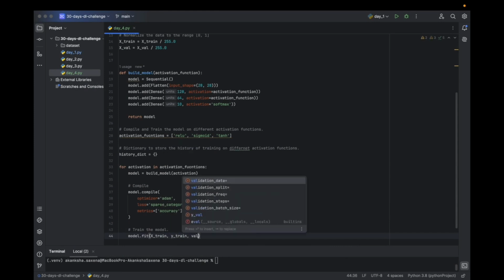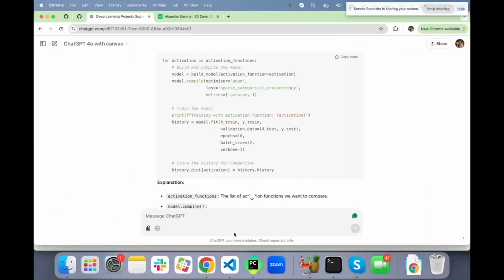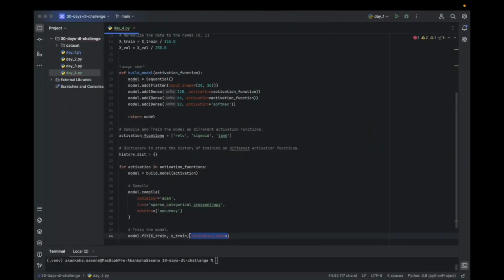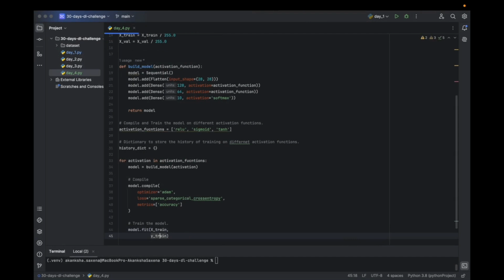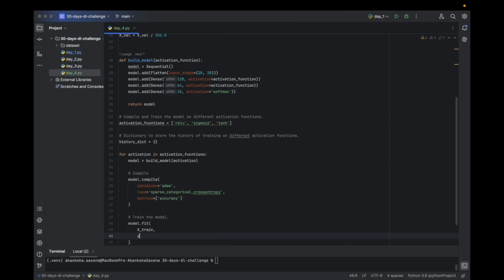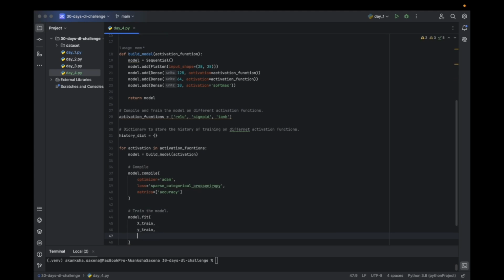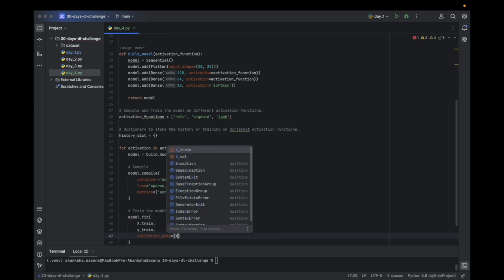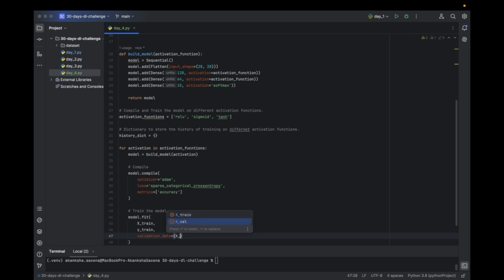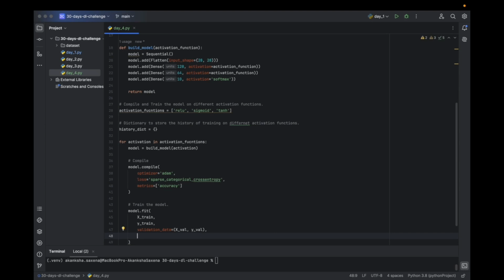The validation data is going to be x validation, y validation. Then we will have how many epochs you want, 10 epochs.